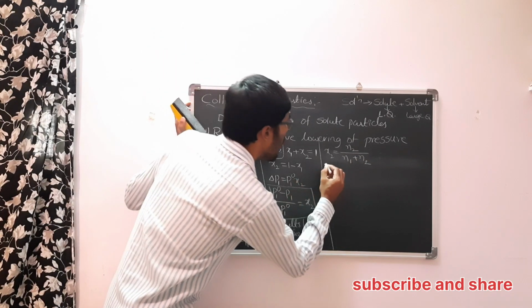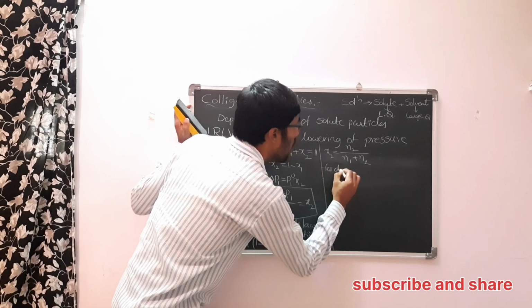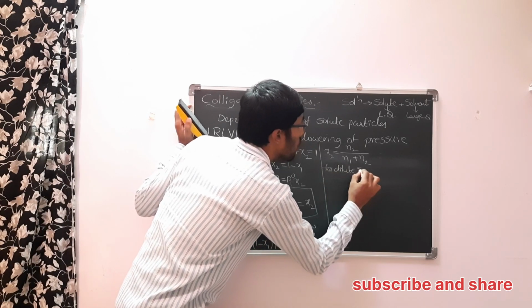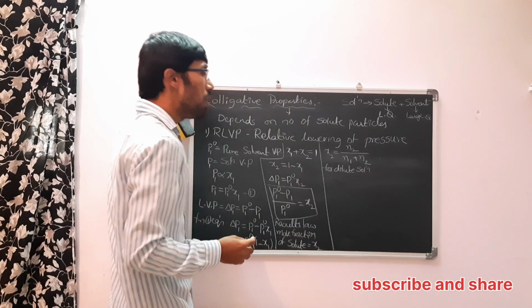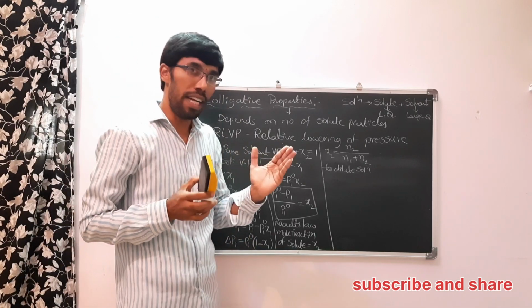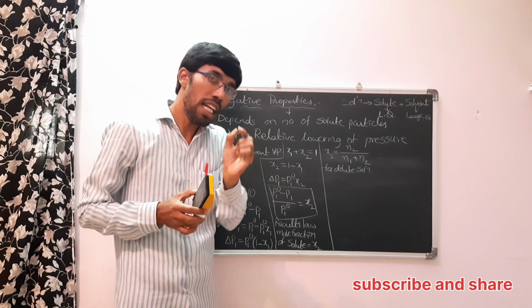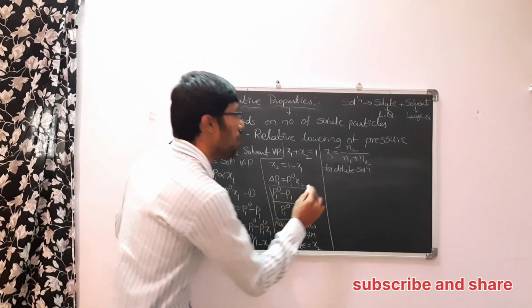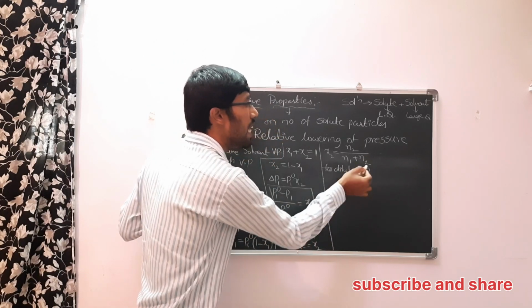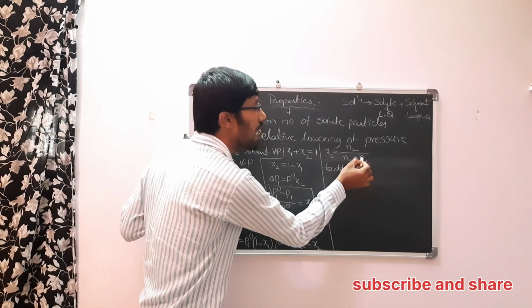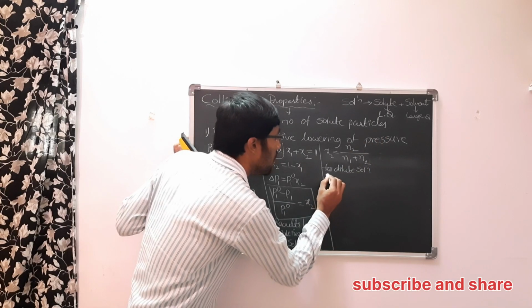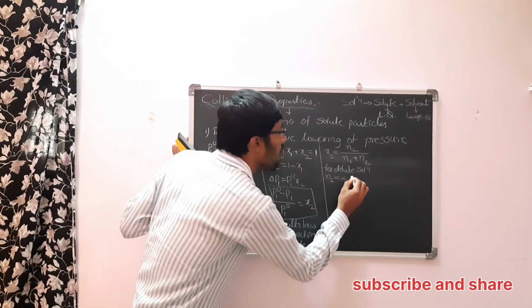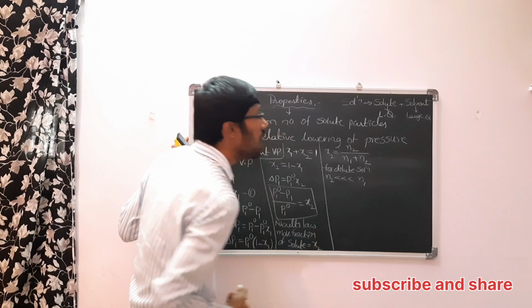For dilute solutions, where the solute is in less quantity as compared with the solvent, we can neglect the N2 value in the denominator, because N2 is very small as compared with N1.